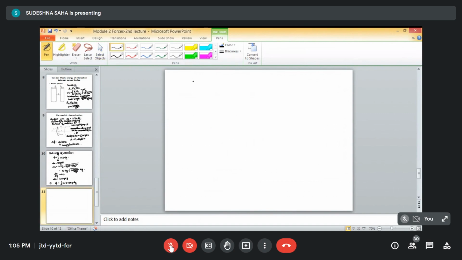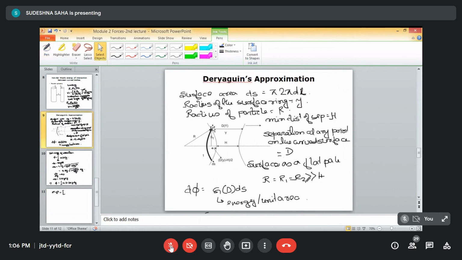So r square minus y square will be equal to... Why are we doing this? We have to know d as a function of y. That's why we are doing so much. Because we don't know the distance, and the distance is a function of y, as we have said. So we are trying to figure out how we can write d in terms of y.